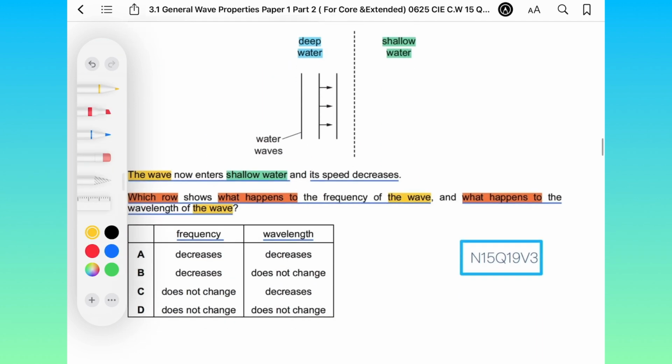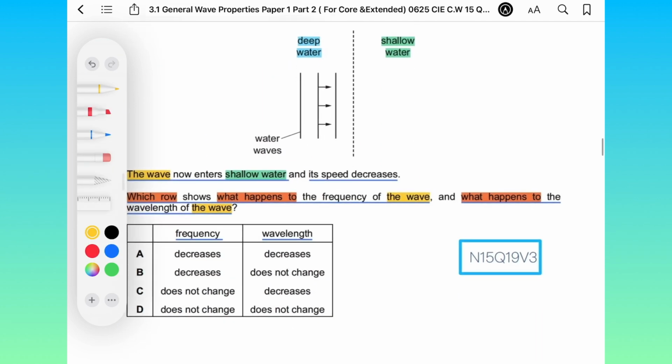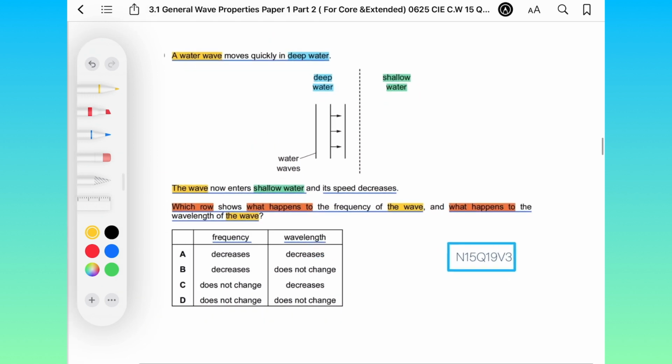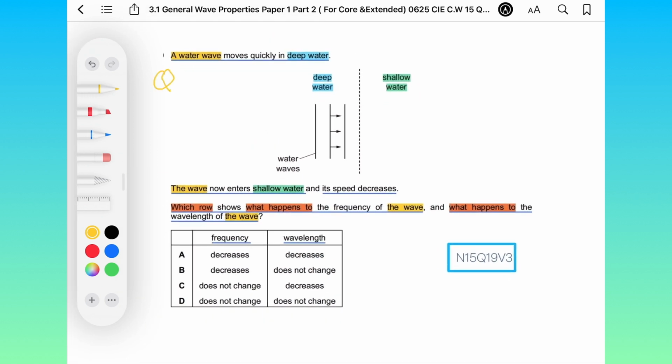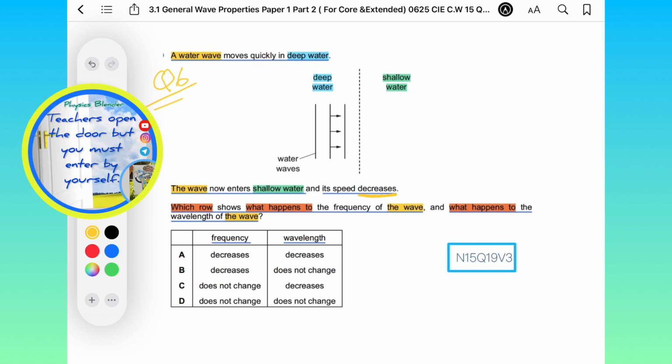Question number 6, again from deep to shallow water. The wave now enters shallow water and its speed decreases. Which row shows what happens to the frequency and the wavelength according to the wave equation?